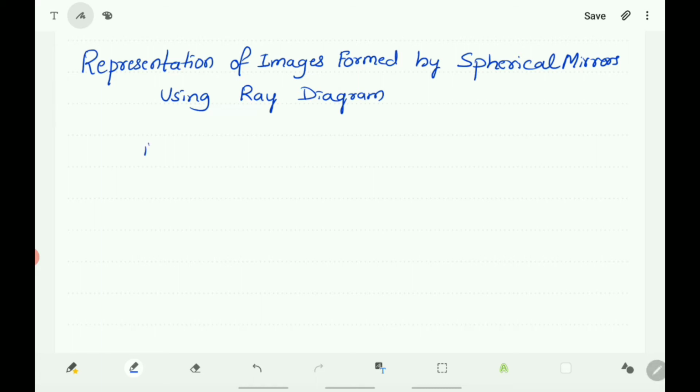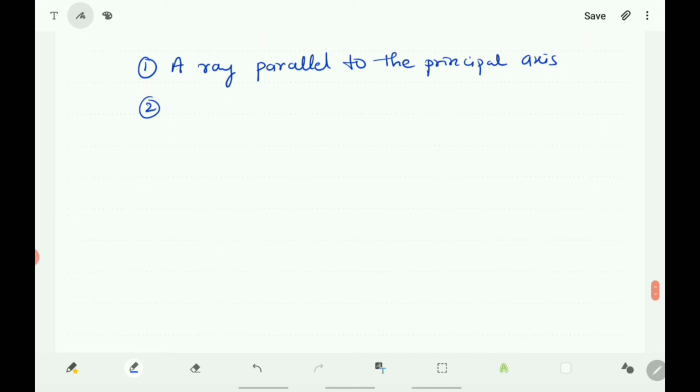The first ray is a ray parallel to the principal axis. Second, a ray passing through the principal focus.